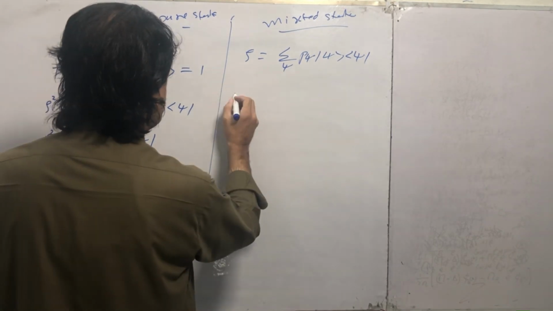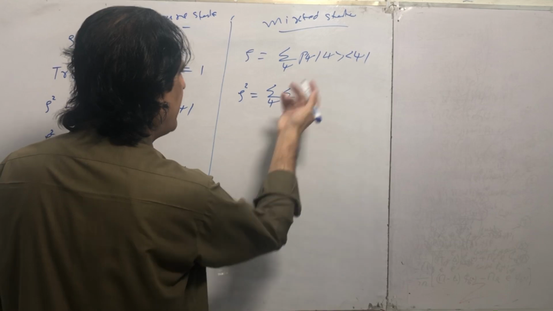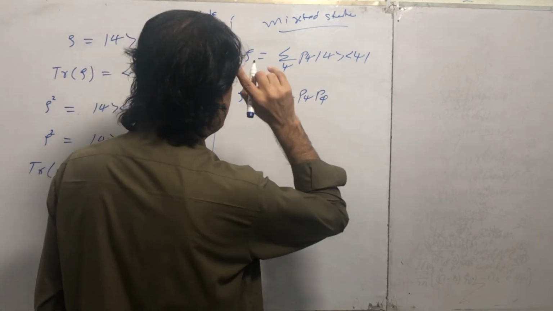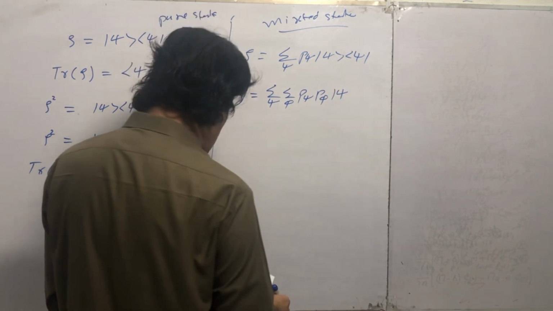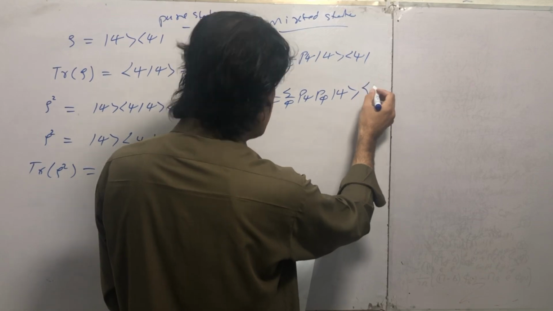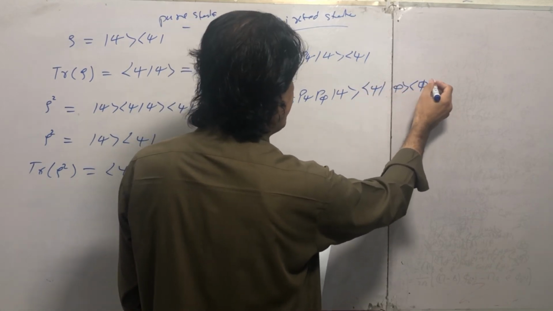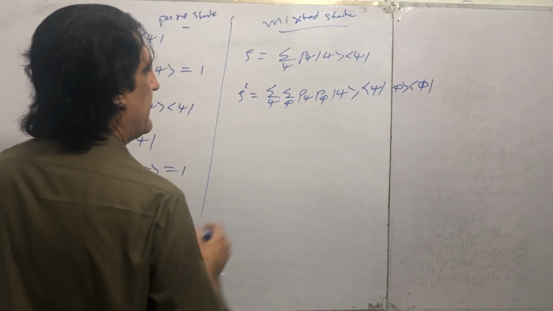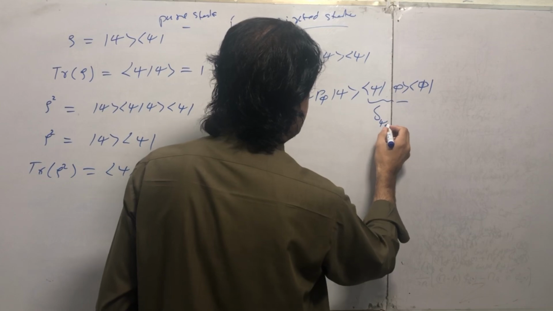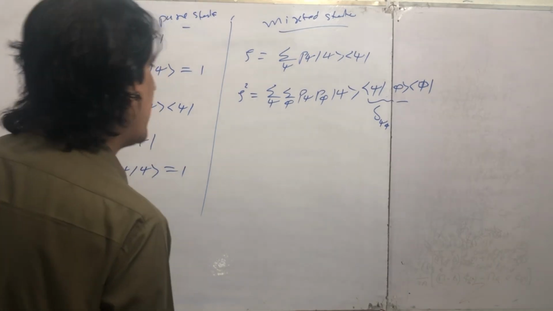If we take the square of this, with some other probability p_phi and |phi><phi|, then we get terms with <psi|phi>, which is equal to delta psi phi. If psi and phi are equal, then the value will be equal to 1.